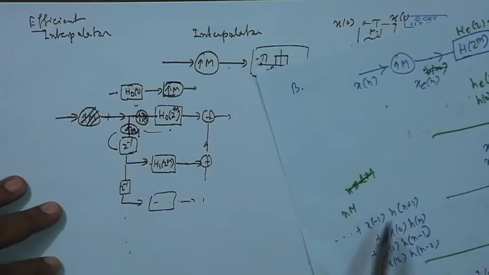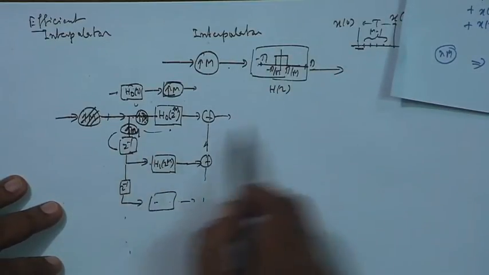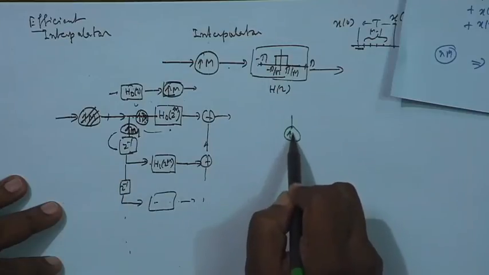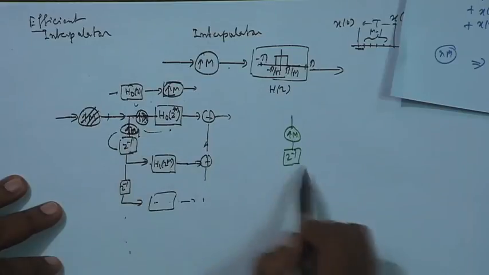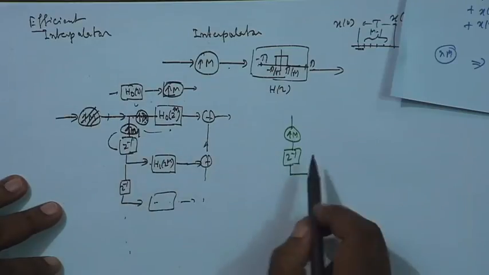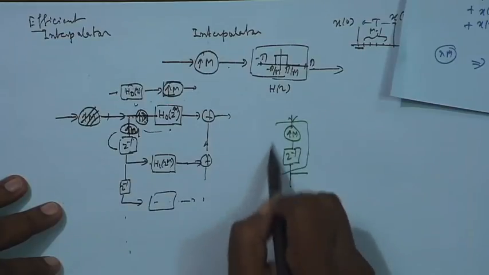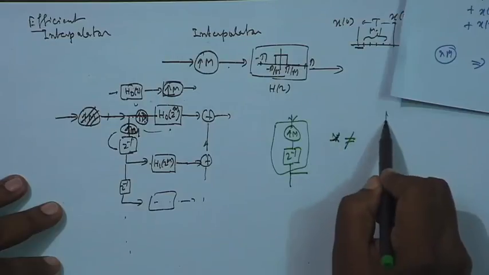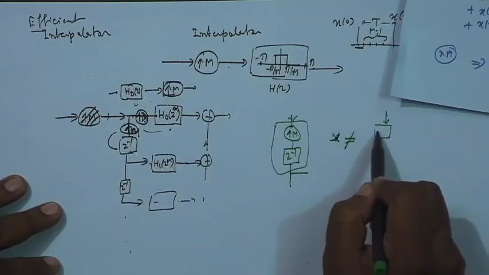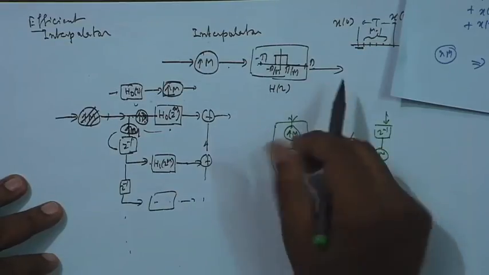That is, if you have expander, this is actually that part I am redrawing, because it is a little unclear here. So, this part is not equivalent to first delay and then expansion. That is, they cannot be interchanged.